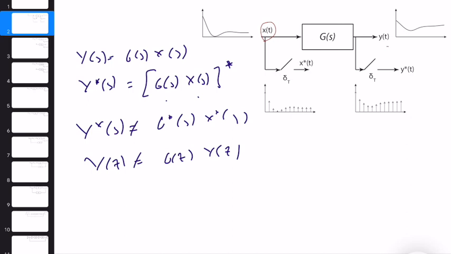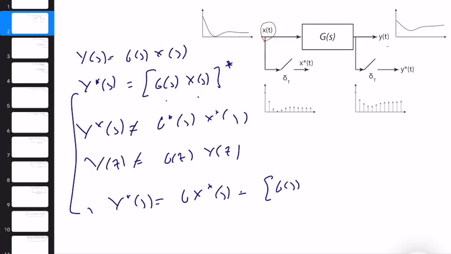Instead, what we write is y star of s equal to gx star of s, which is nothing but shorthand notation of g of s, x of s, times star. So in this case, what you should do is simply find the whole expression for g, find x completely, multiply them, and you will have a transfer function, let's say p of s.